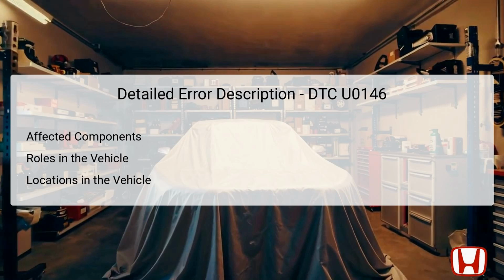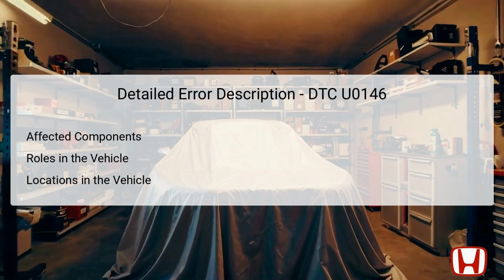The TCM plays a crucial role in controlling automatic transmission function, and it primarily communicates with various control modules through the CAN network. The CAN gateway is positioned strategically within the vehicle and facilitates seamless information exchange among different electronic control modules. F-CAN lines are typically located under the dash and run throughout the vehicle to connect various systems.